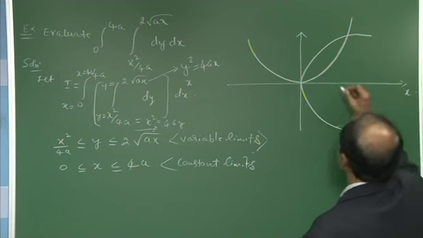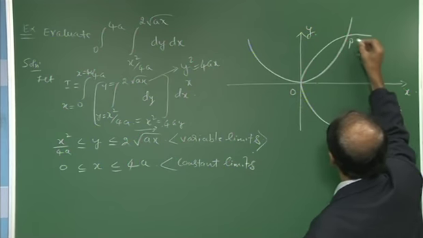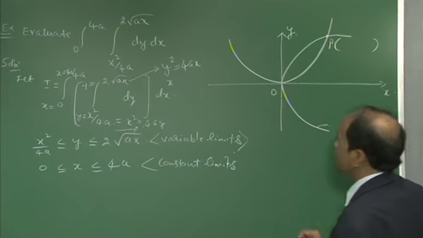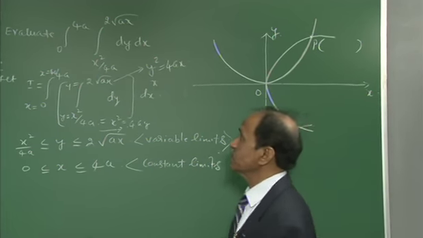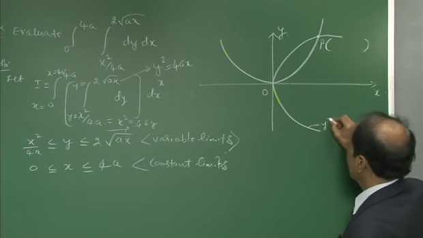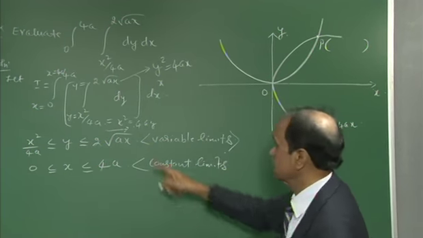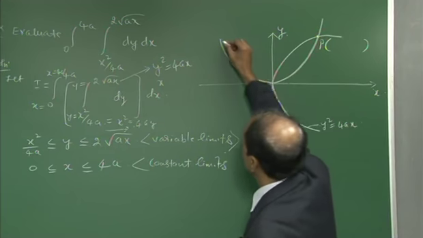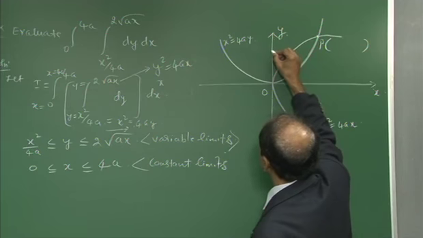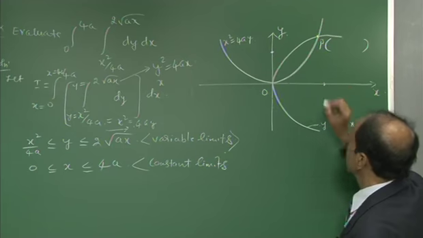This is x, this is y, and this is 0, and here is the point which intersects the two parabolas. This one is y square equal to 4ax, and x square equal to 4ay is this one.